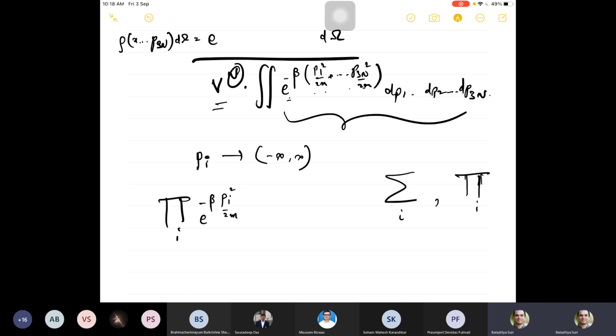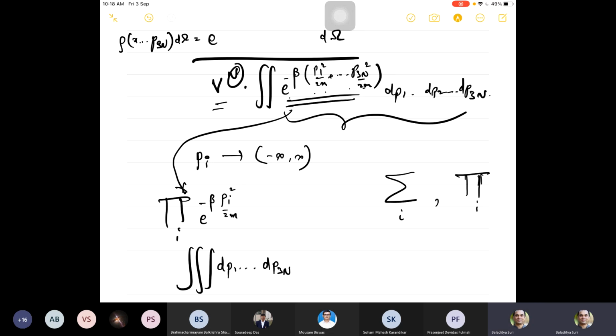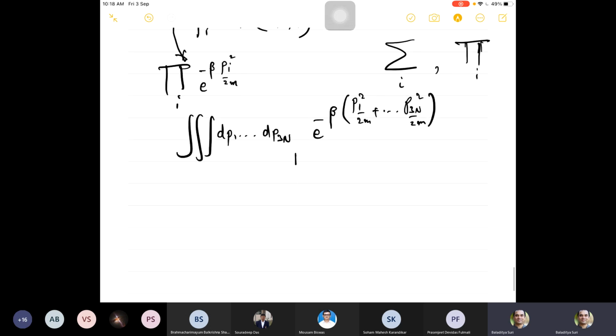So this expression here can be written as a product. So the multiple integral over dp1 to dp3n of p1 squared by 2m plus so on up to p3n squared by 2m very simply becomes a product over integrals, each of which is over only one variable.